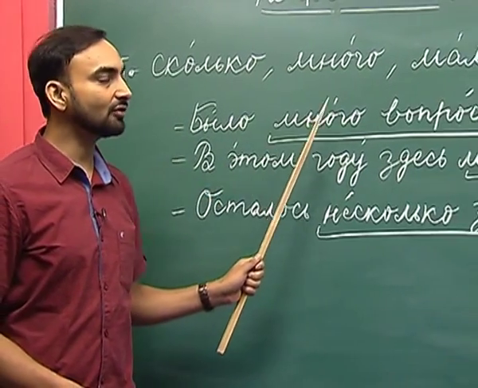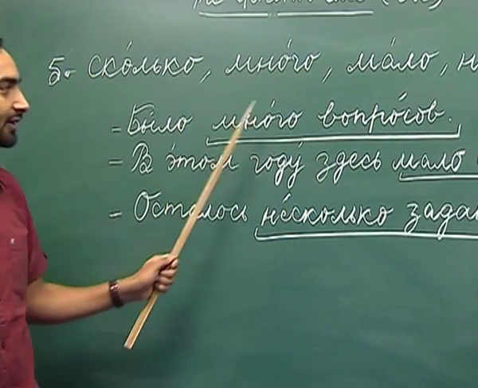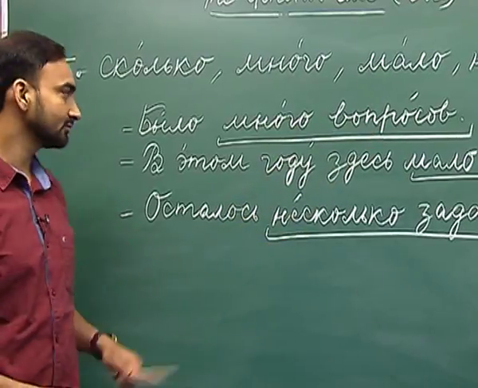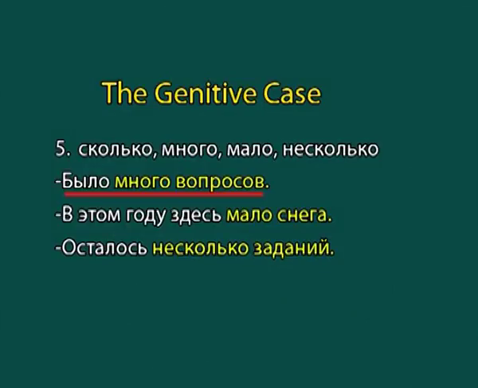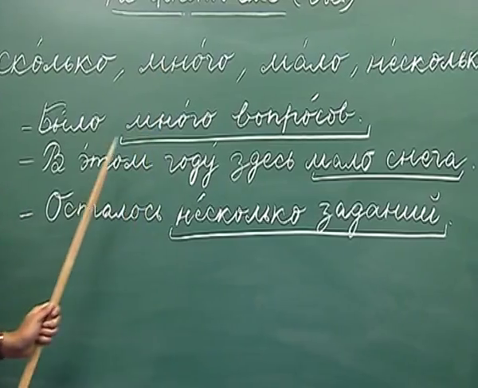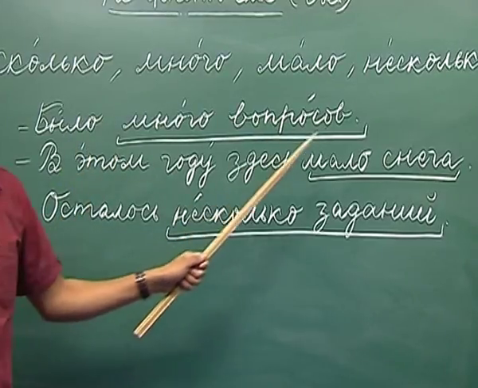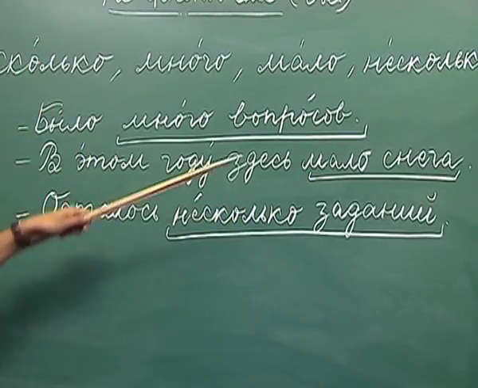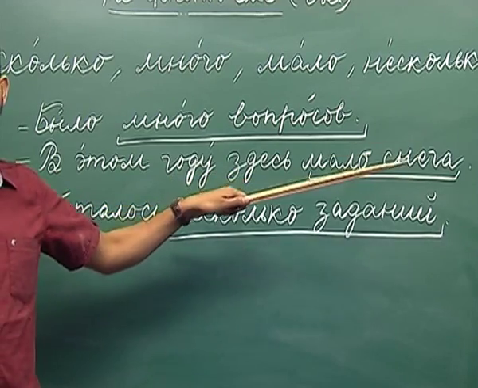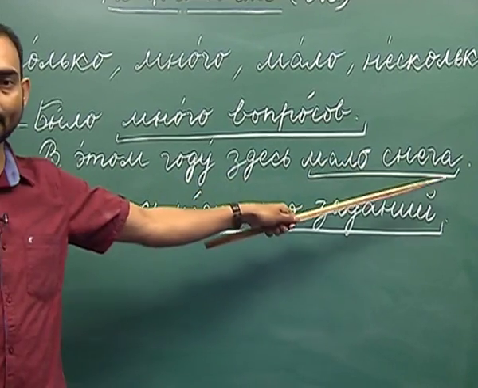Bylo mnogo voprosov. So, there were many questions. V etom godu zdes malo snega. So, this year there is less snow here. Sneg is snow.